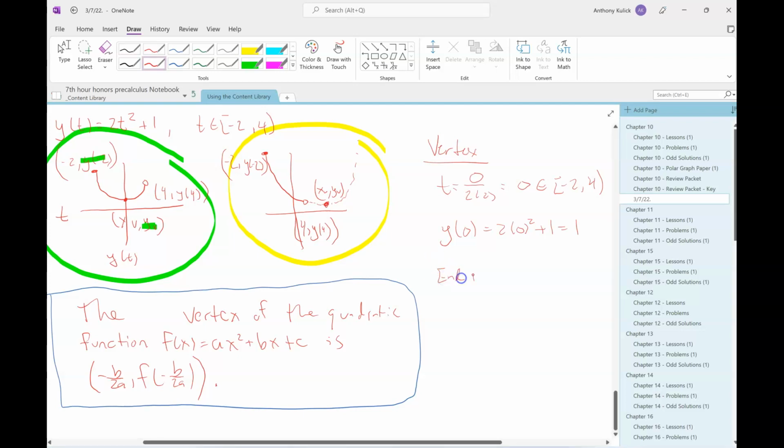All right. But we also need the endpoints as well. So we'll do y of -2. That gives me 9. And then y of 4, which gives me 33.